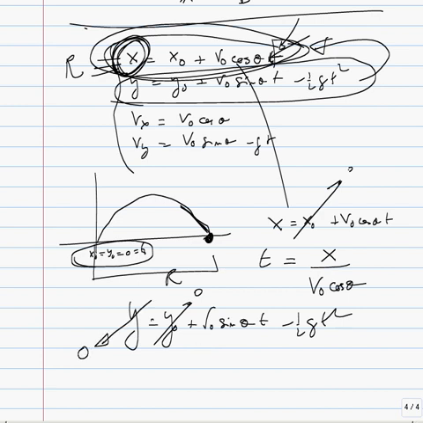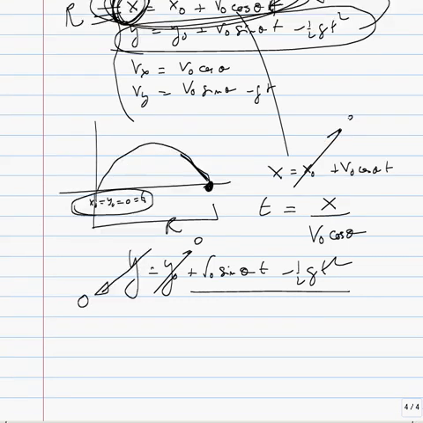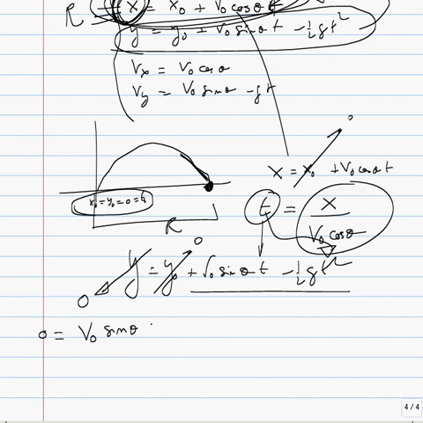And it is very nice, because now I have to solve for this. And since I don't have any constant, it's going to make my life easier. So I'm just going to replace my t in both places. This will give me 0 equal to v naught sine theta times x over v naught cosine theta minus 1 half g times x squared over v naught squared cosine squared theta.